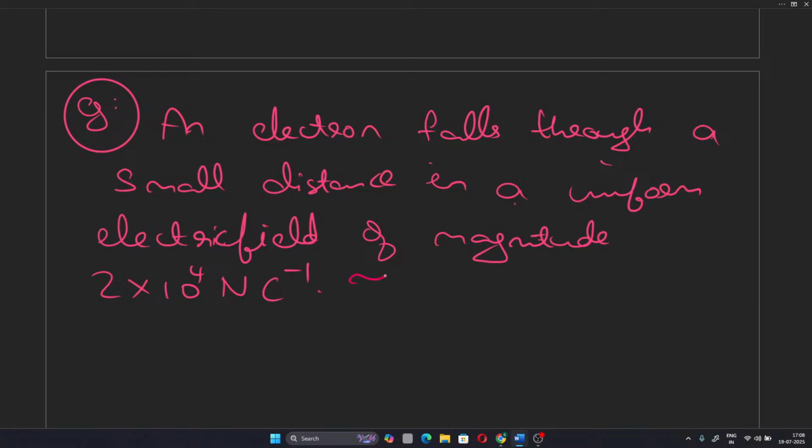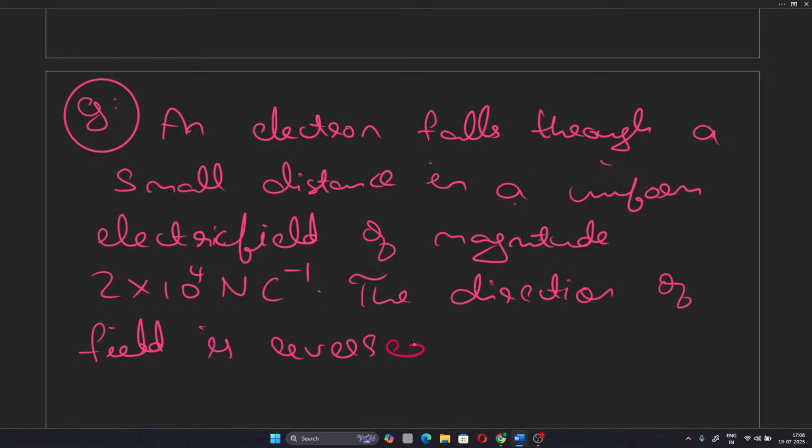The direction of the field is reversed, keeping the magnitude same.